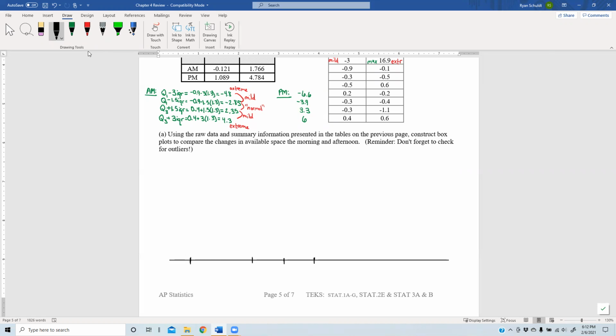Now let's space those out some more. Let's try spacing them out like this, see if this will work.